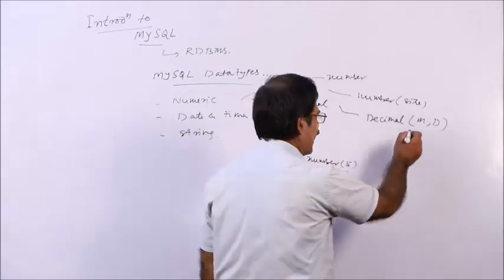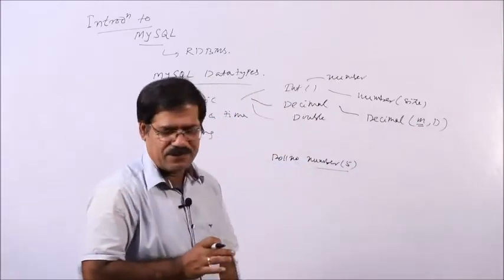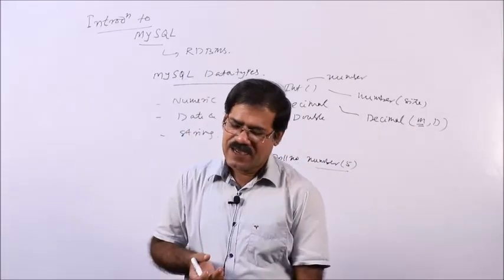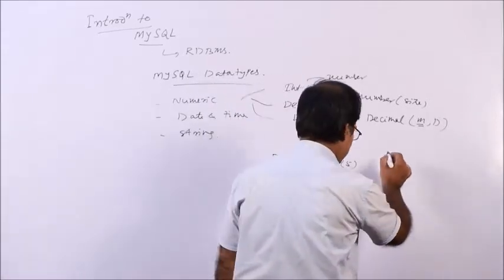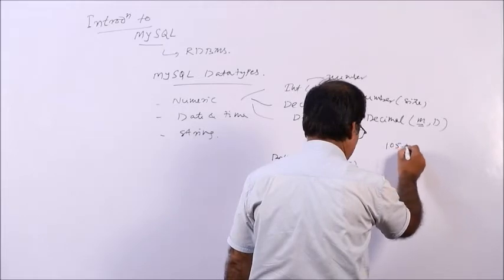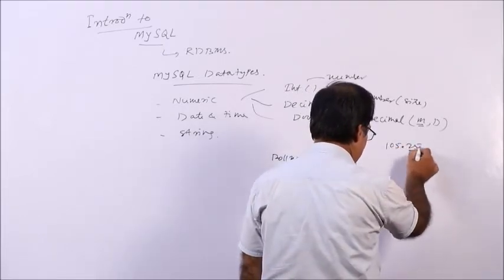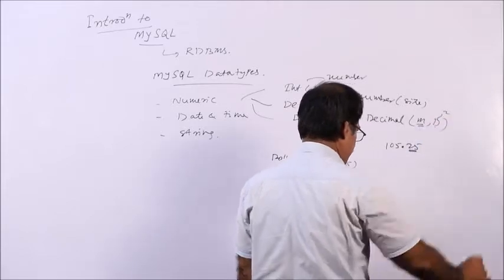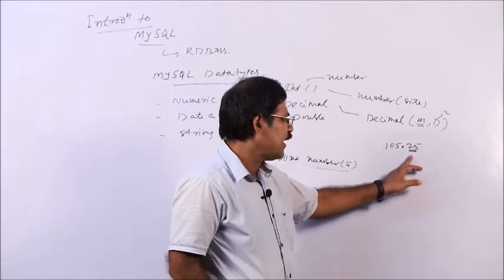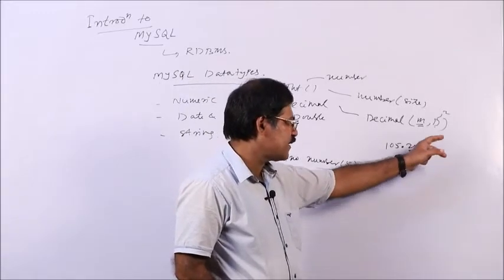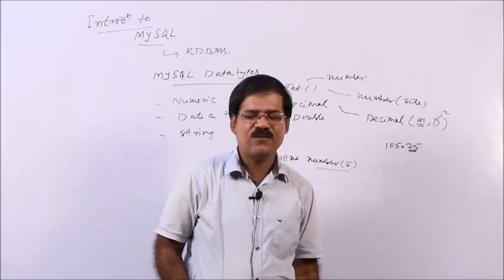Here m is the total length of the digits, and d is how many digits are present after the decimal point. Suppose the number is 105.25. After the decimal point there are 2 digits, so the d value will be 2. Then the total length is 1, 2, 3, 4, 5, 6, so m is 6 and d is 2.